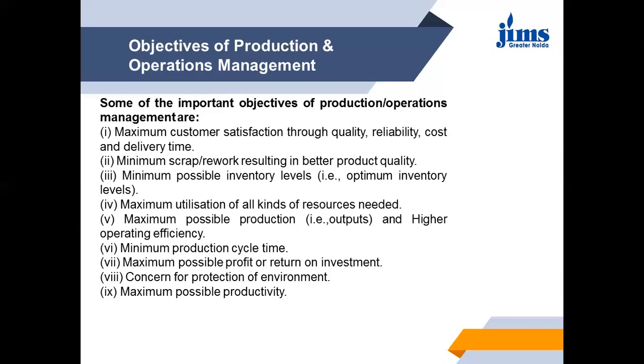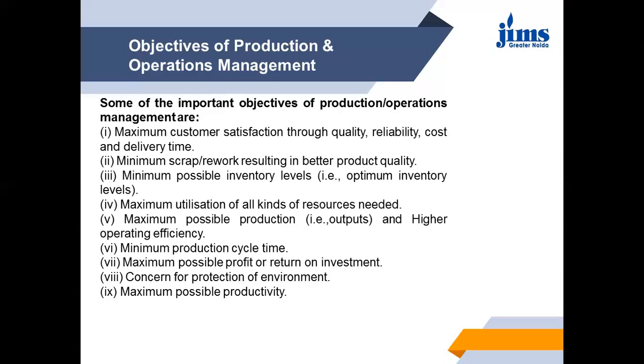The next point is to have maximum possible production and higher operating efficiencies. That means reducing the wastages and increasing the quantity of output with minimum inputs is called operating efficiency. And that comes only when the processes are streamlined, workers are trained, and there is infrastructural support in the factory.